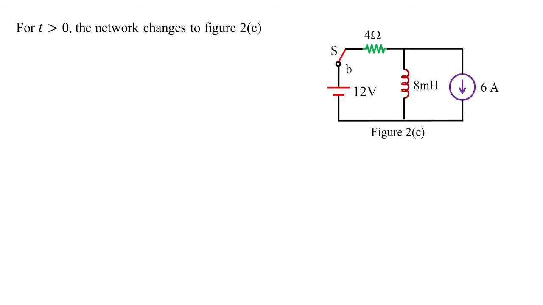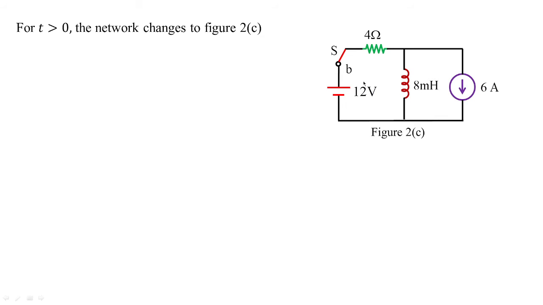That is a transient current. इसका मतलब क्या है? जो कुछ भी इंडक्टर का करंट 8 मिली हेनरीज में डेवलप हुआ है, ये हमारा इनिशियल कंडीशंस है इस फिगर का. So with this we need to calculate what is a transient current. So we are left over with this loop which is having 12 volts, 4 ohms, 8 millihenries.